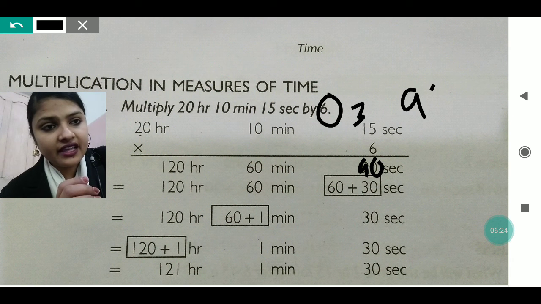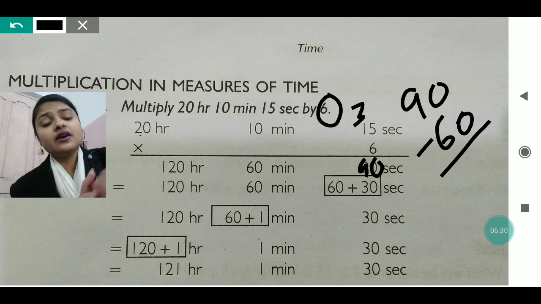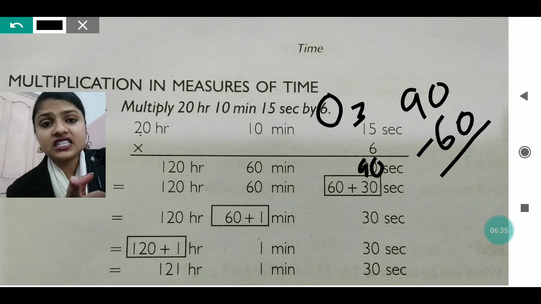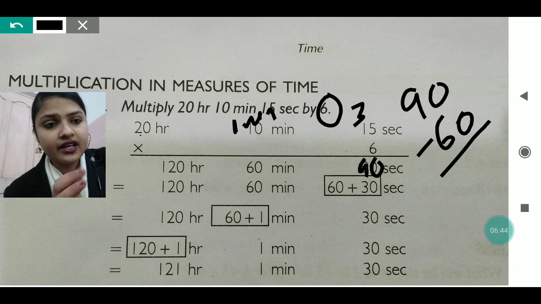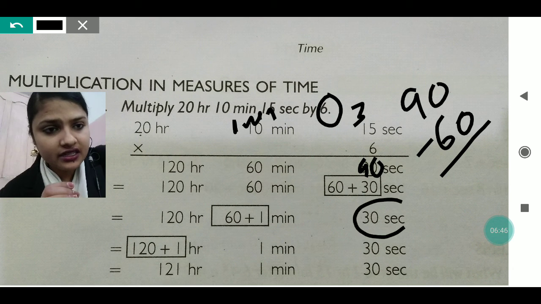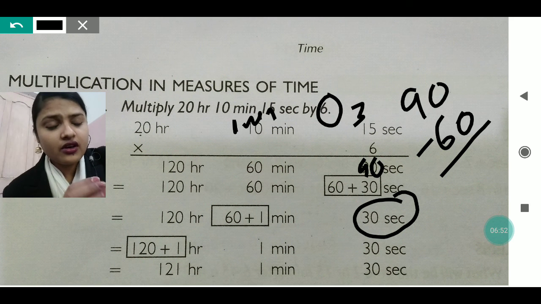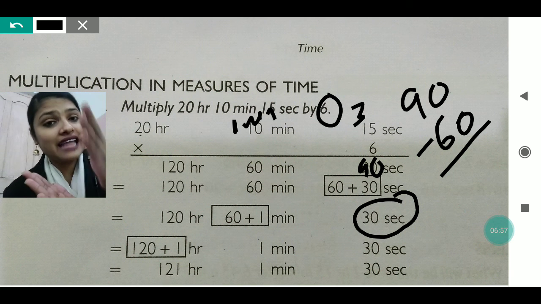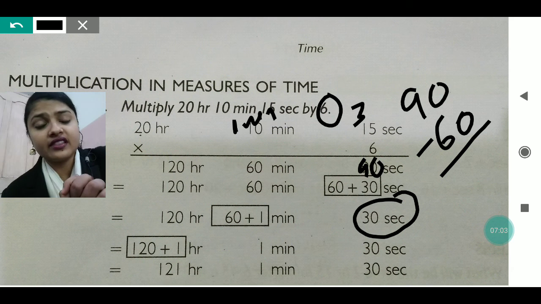Can we subtract 60 seconds from this 90 seconds? Yes, we can. We can take away 60 seconds from the 90 seconds, and that 60 seconds will be converted into 1 minute and will be added with the minutes. We write that 1 minute upside in the minute column.